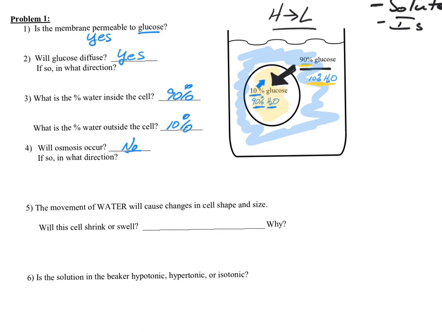From 10 to 20 to 30 until they get about equal. Do you agree? Yes. So it's going to be about 45% inside and outside. It has to be somewhere between 10 and 90, and the midpoint is going to be about 45%, right? Once you get to 45, it stops moving. We're good.